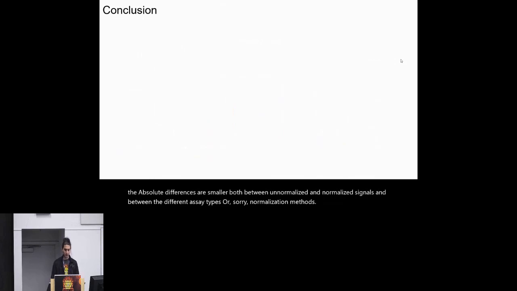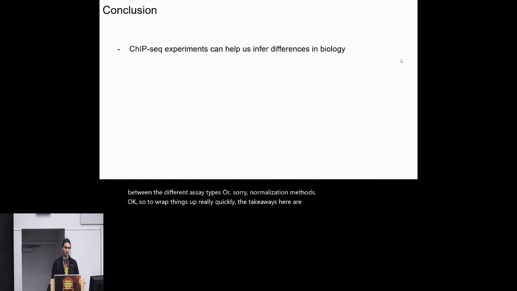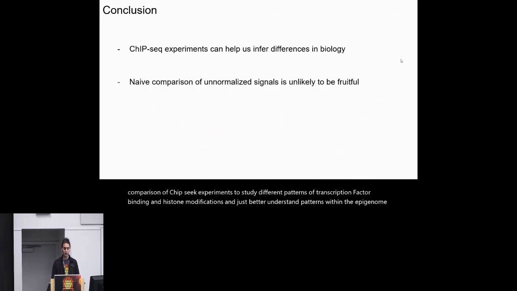Okay, to wrap things up, the takeaways here are that we can use quantitative comparison of ChIP-seq experiments to study different patterns of transcription factor binding and histone modifications and better understand patterns within the epigenome. But it's usually ineffective to use these unnormalized signals as they are because there are big distributional shifts and sources of technical variance, which make direct comparisons difficult.